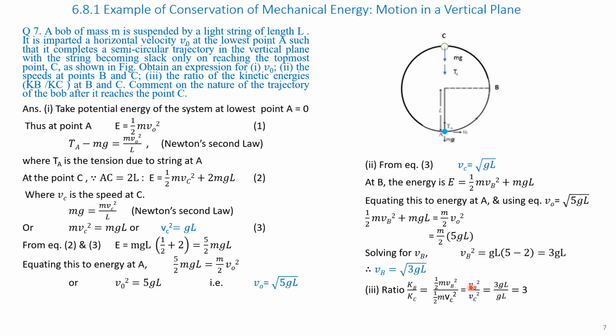We get Vb square by Vc square. We know that Vb square is 3gL and Vc square is gL, from equation 3. Therefore, the ratio is 3gL by gL, that is equal to 3. That is the answer.